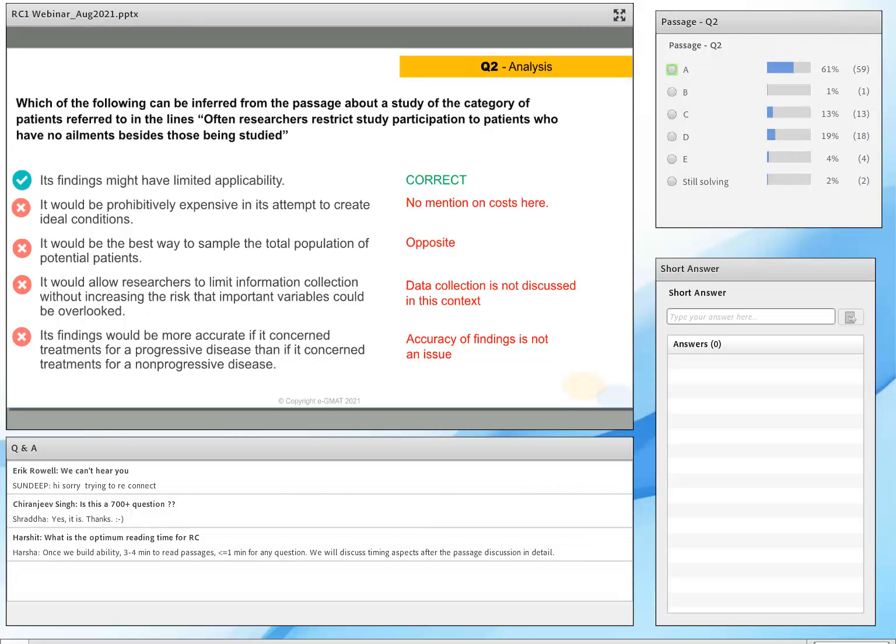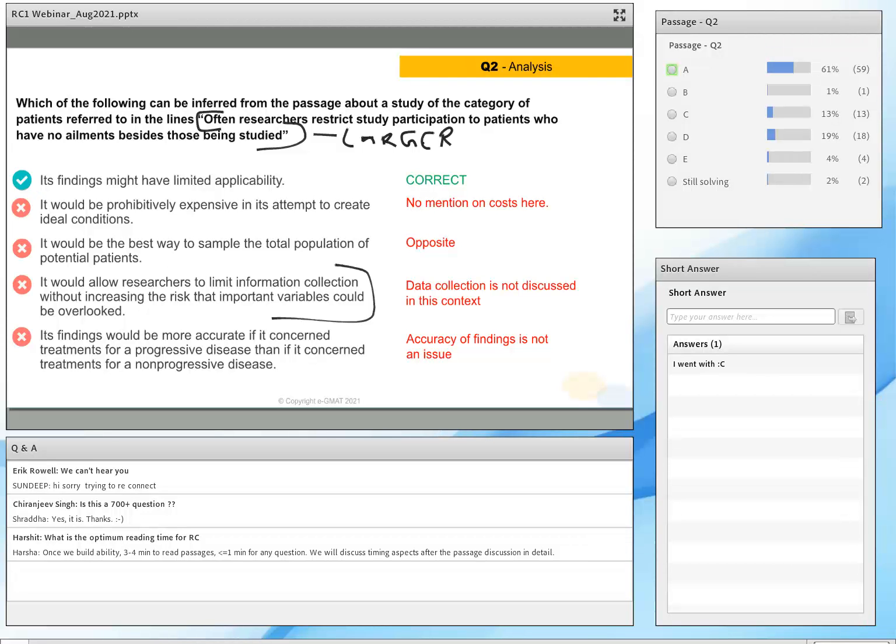I'll just quickly talk about choice D. Maybe it would allow researchers to limit information collection without increasing the risk that important variables could be overlooked. Choice D is a very interesting answer choice, and it uses a snare which is very frequently used in creating incorrect answer choices. Now, this particular statement has been mentioned with regards to making the trials larger.